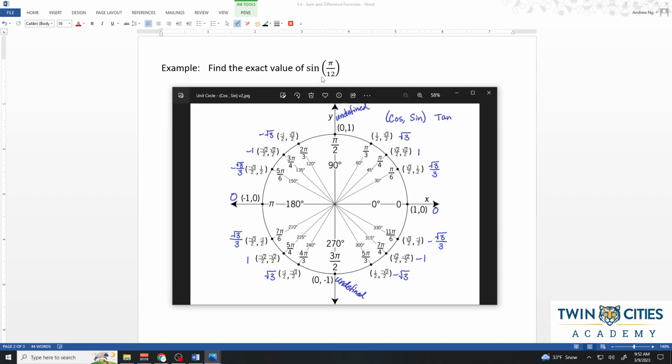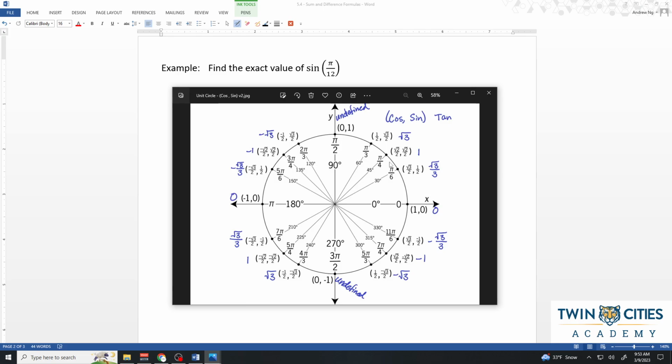However, with the sum and difference formulas, I'm going to find a way to make pi over 12. Well, let's see. Pi over 3 is the same as 4 pi over 12 if I were to multiply the top and the bottom by 4.